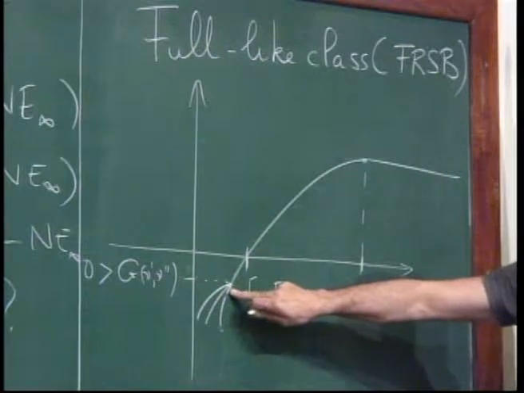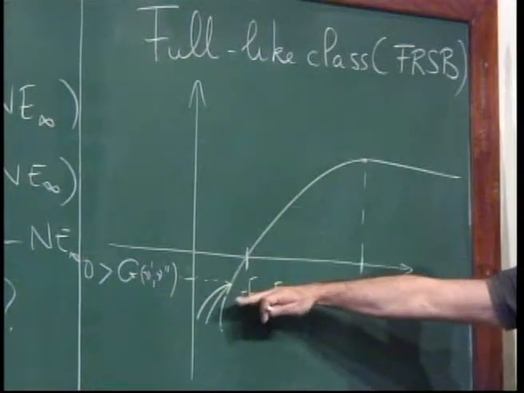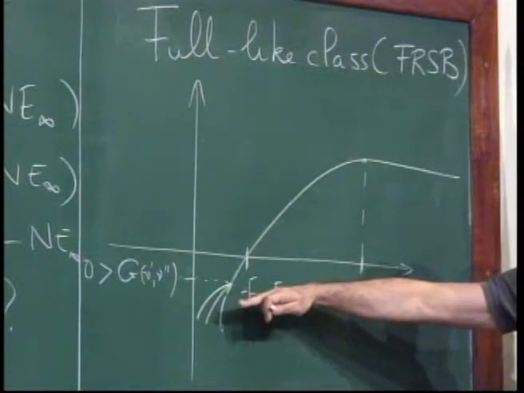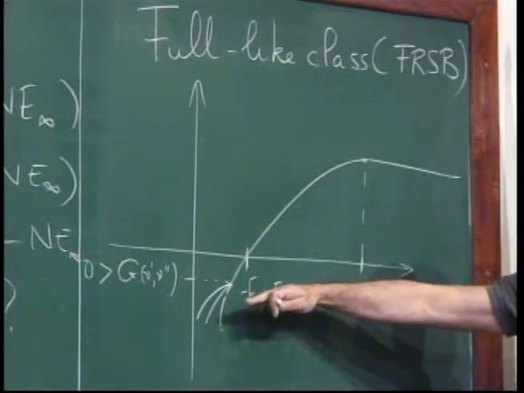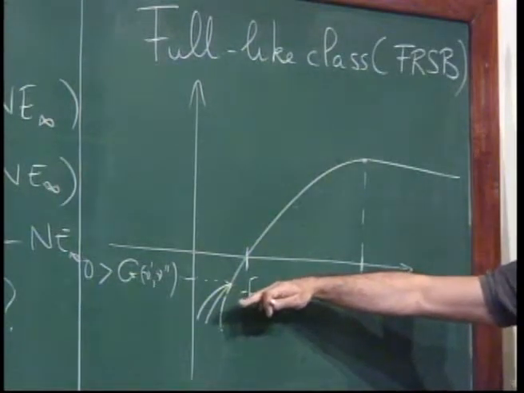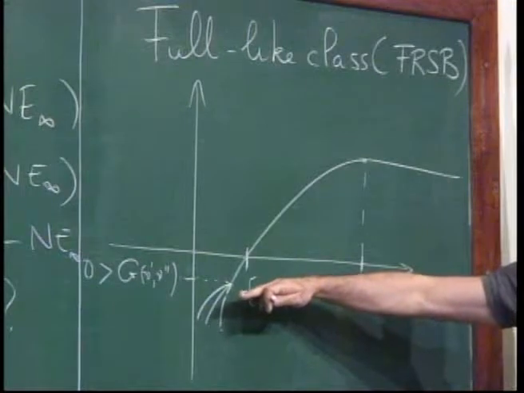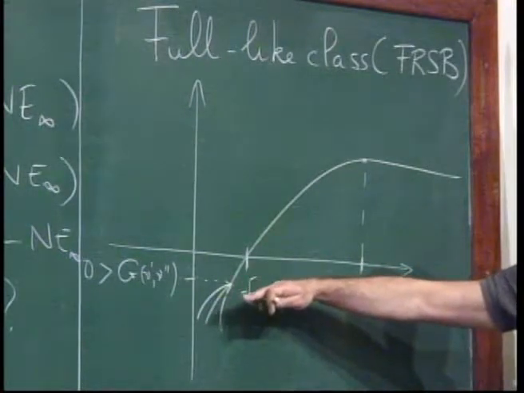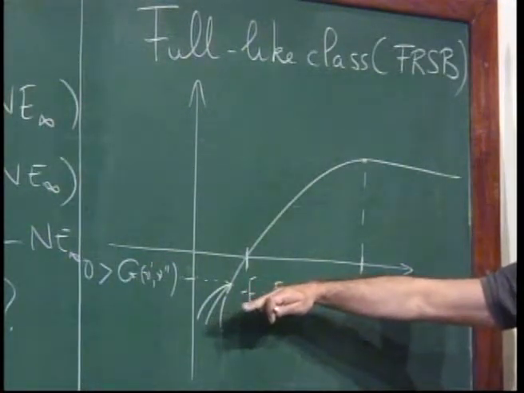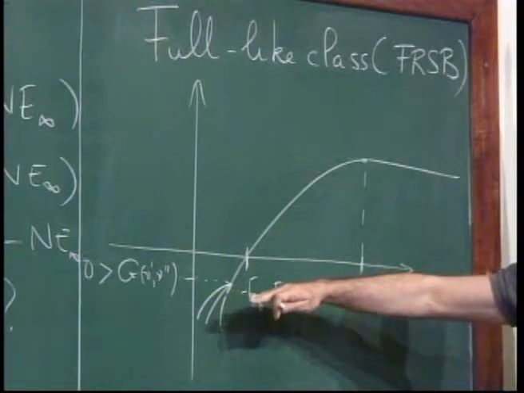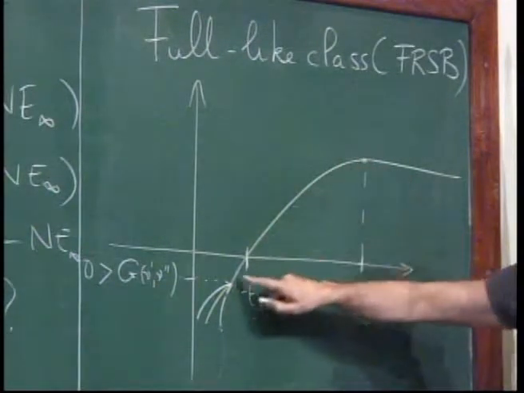Because in this region, remember what that means. It means theta is negative, so the complexity is negative, which means that the number is exponentially small. The mean number is exponentially small. So you see the difference between the minima and critical points only when they don't matter. When they do matter, they are all the same.